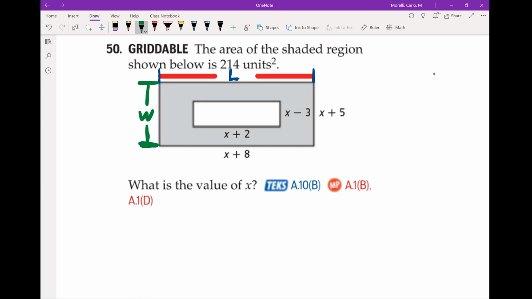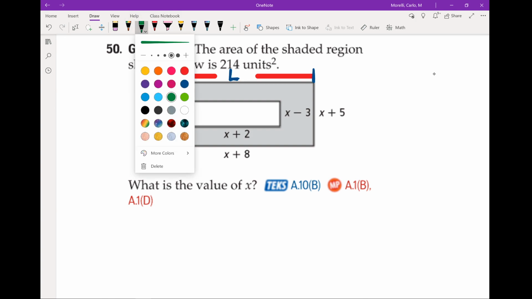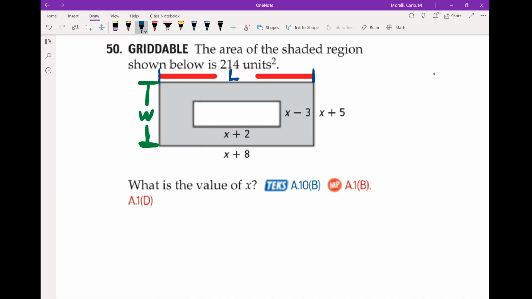So the question is, what is L? First we have to figure out the total length. So that's what L is, the length.